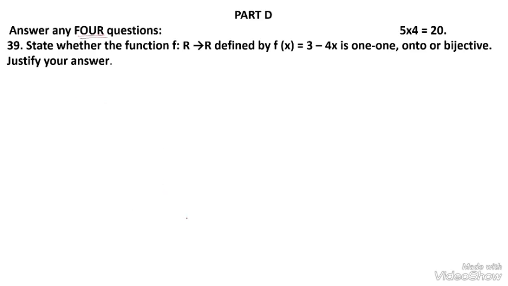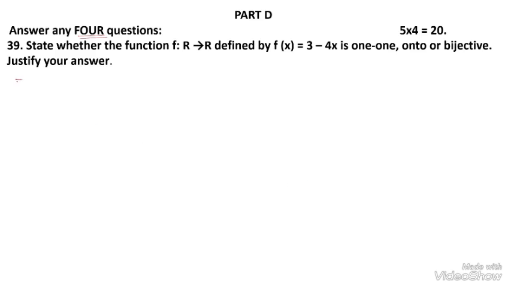Now I can take the problem here. First one: state whether the function f from R to R defined by f of x equals 3 minus 4x is one-one, onto or bijective. We have to check the one-one condition and the onto condition. After that, the function is said to be bijective or not, and also justify our answer.